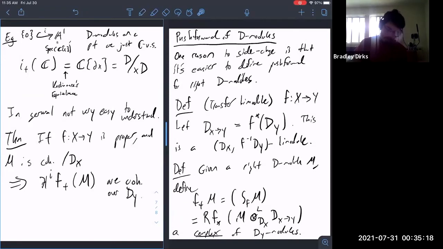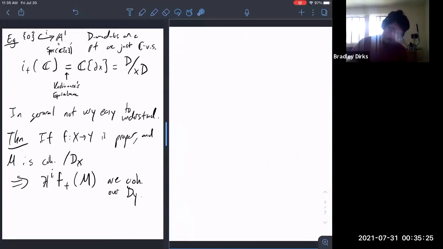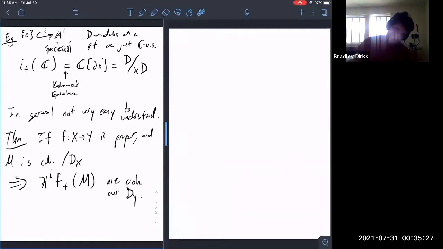So when we take cohomology, we do get a D_Y module. And so we can talk about whether it is coherent or holonomic and stuff like that. So what we're going to need next week is that proper maps preserve coherence.